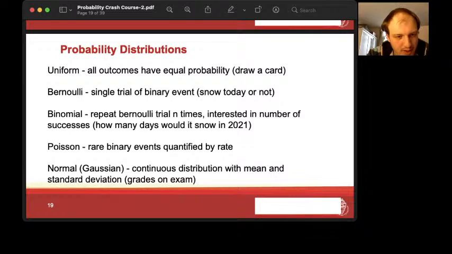So Bernoulli, binomial and Poisson are necessarily discrete because you only have binary events, while the normal distribution is a continuous distribution. There you don't have discrete values, you have values continuously going over a range, and it is characterized by the mean and the standard deviation.